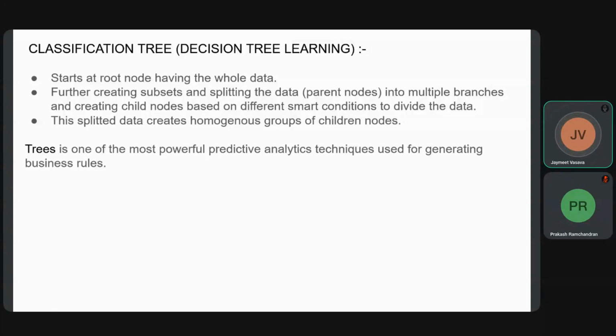A classification tree starts at the root node having the whole data, further creating subsets and splitting the data into multiple branches and creating child nodes based on different conditions to divide the data. This split data creates homogeneous groups of child nodes.